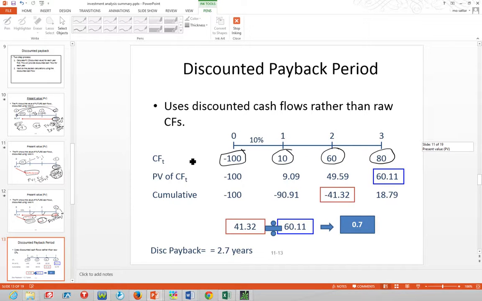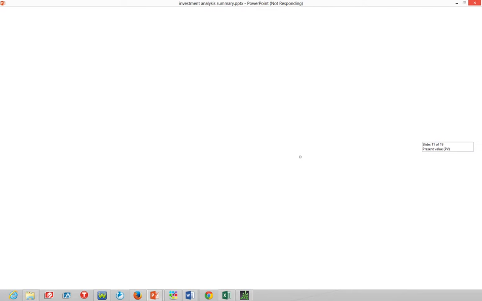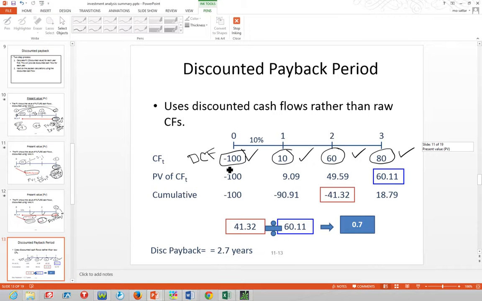If I want to do the DCF, the discounted cash flow, of these numbers, I would take each one of them and divide it by 1 plus R raised to n.